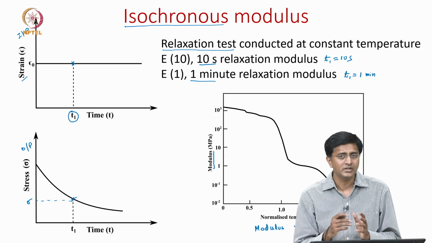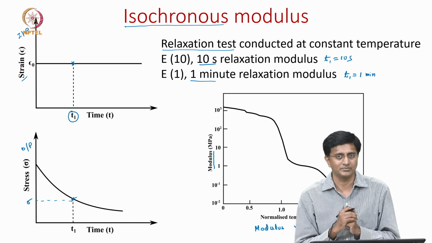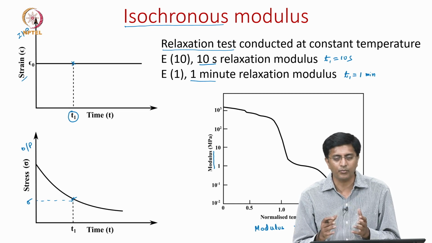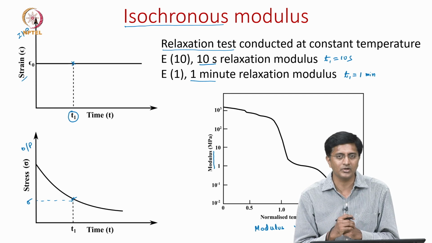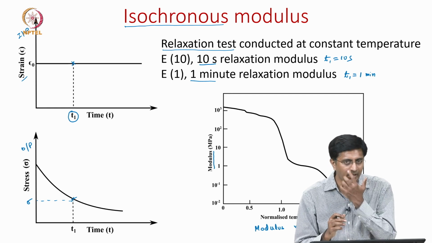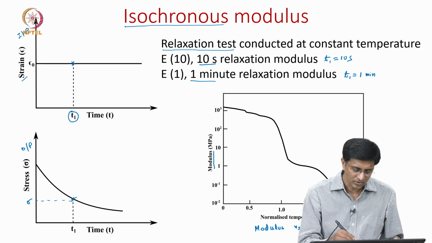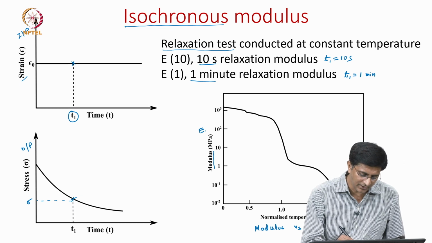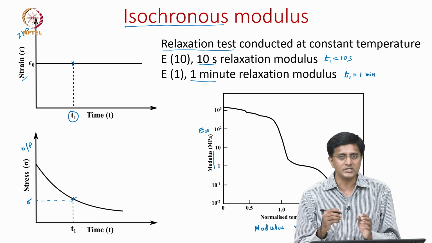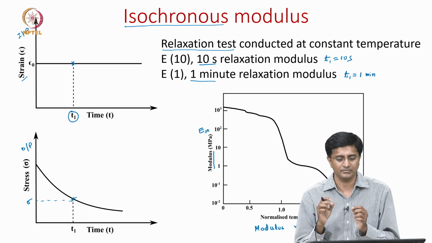At that time I intentionally did not mention what modulus we are talking about, because for a polymer there is no constant value for modulus. But what I am mentioning now is, actually this modulus is an isochronous modulus. Most likely it is E10, meaning the modulus after 10 seconds of loading.